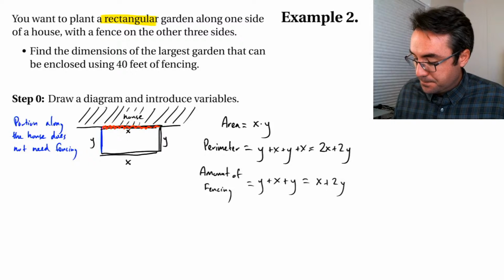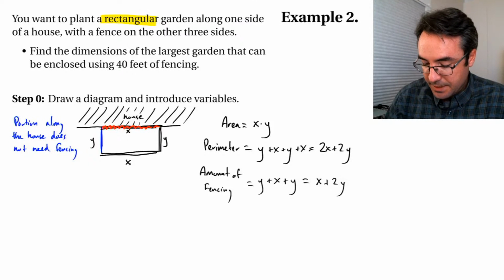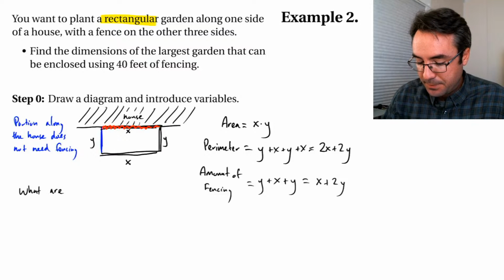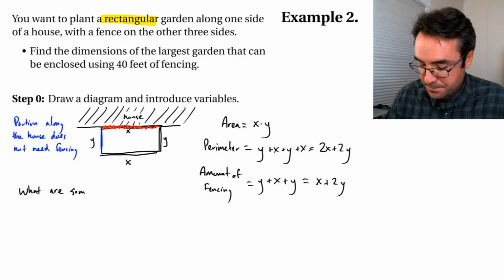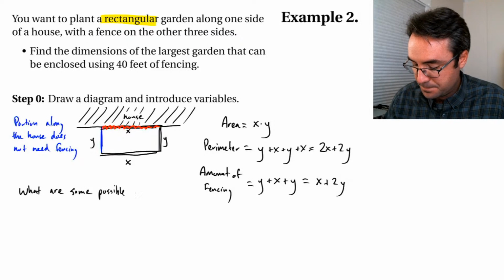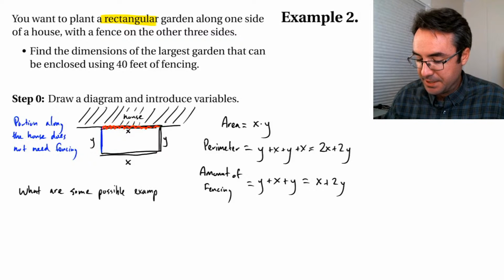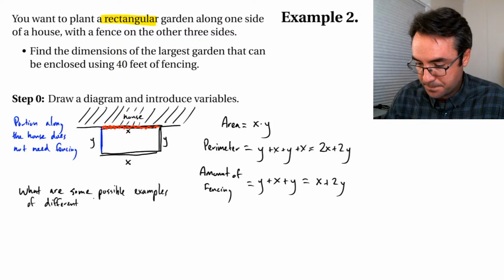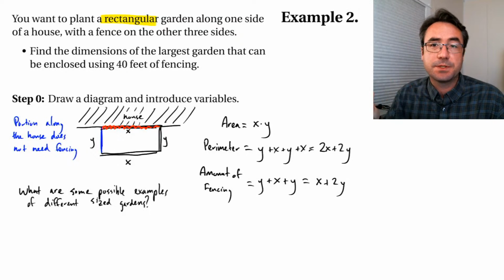All right, so as a little aside here, what are some possible examples of different sized gardens? This isn't required, but it helps to conceptualize what's going on.